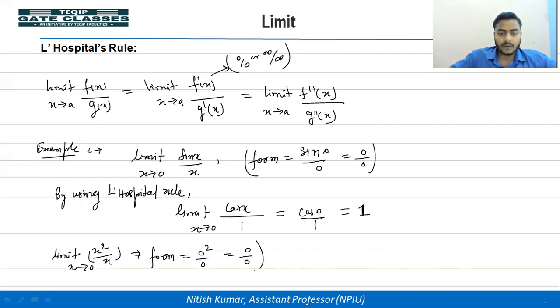So we are getting 0 by 0 form, right? Apply the L'Hopital rule. The limit will be equal to their differentiation. X का differentiation 1, x square का 2x. Put the value x equal to 0, we are getting 0. Okay.